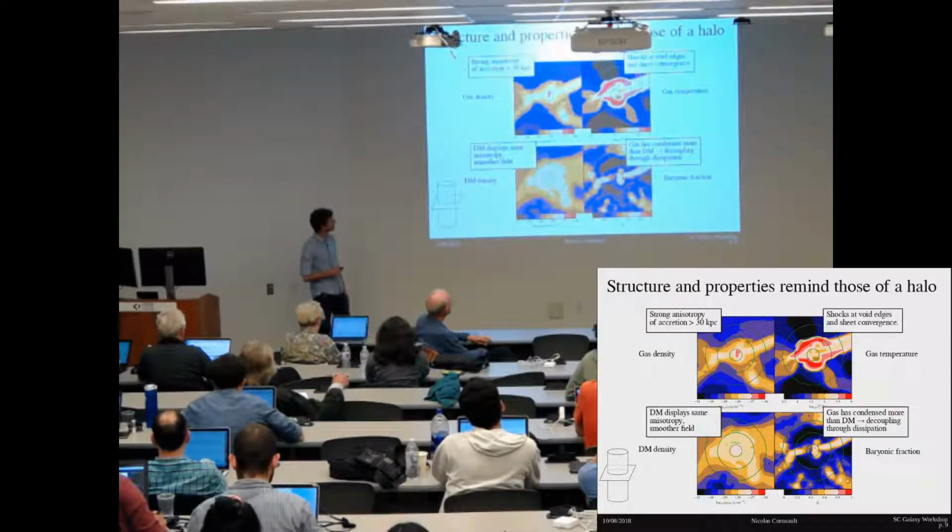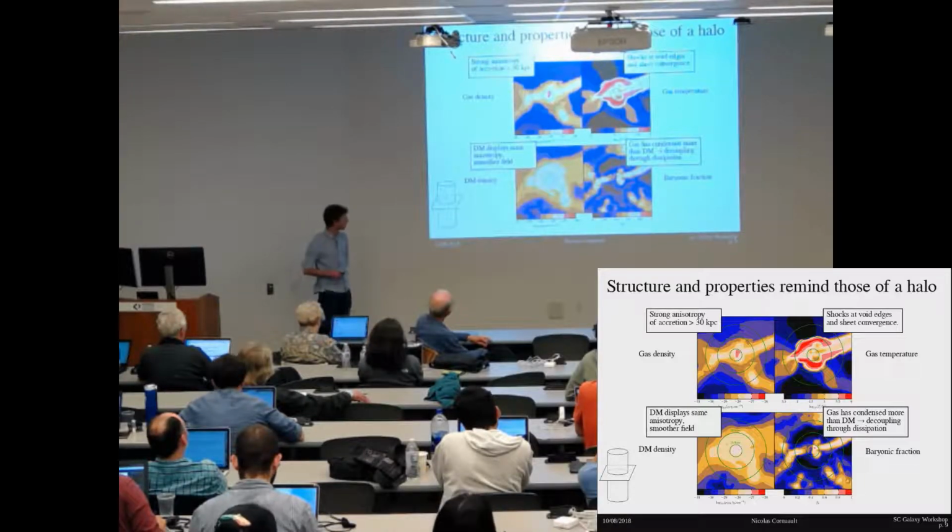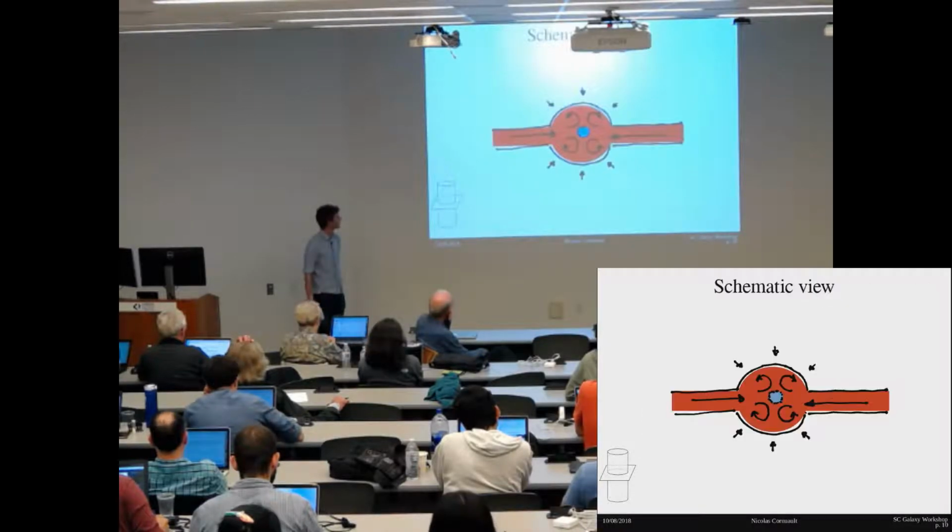In temperature, you can identify a shock all around it. And here in the baryonic fraction, you can see that in the shocked medium it is lower than the cosmic value, and in the center, much higher. So it resembles a lot a halo. What we will see now is that there is a specific pattern for the velocity inside it.